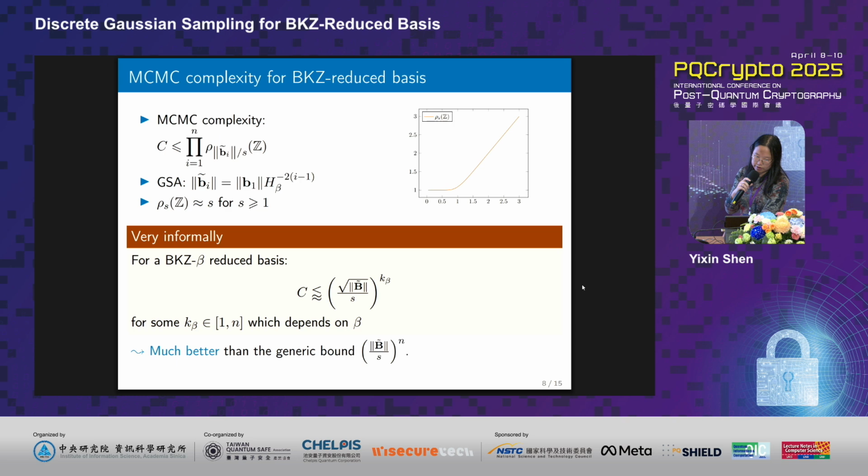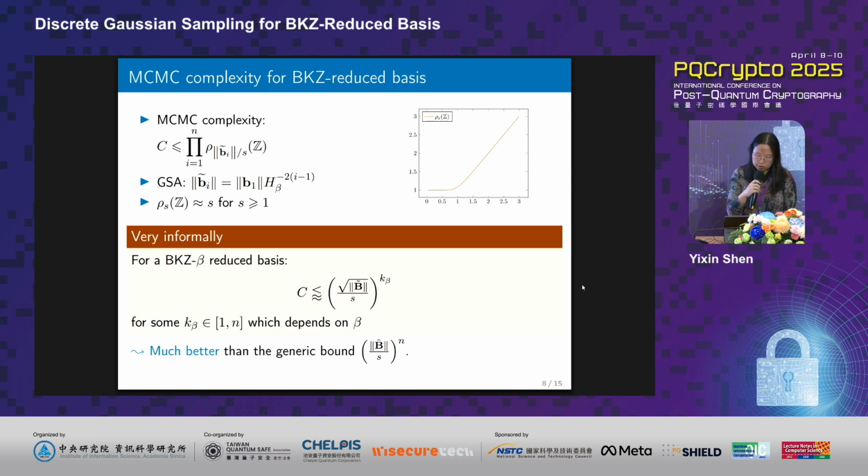And then we put everything together. Very informally, we will get a new complexity estimate, which is much better than the previous one, because you can see that now we have a square root term on the norm of B tilde instead of just the norm of B tilde before. And also, now the exponent depends on the block size beta, so it should be smaller than n.